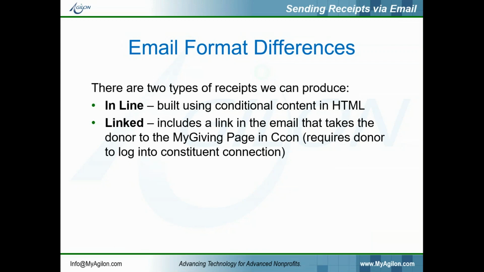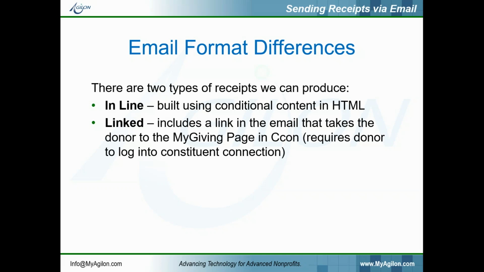So with the Agilon 1 product, there's really two different types of configurations that we'll be introducing and talking a little bit about today. We've got clients that have done both of them. The first one is an inline receipt. The inline receipt is configured just a little bit differently.